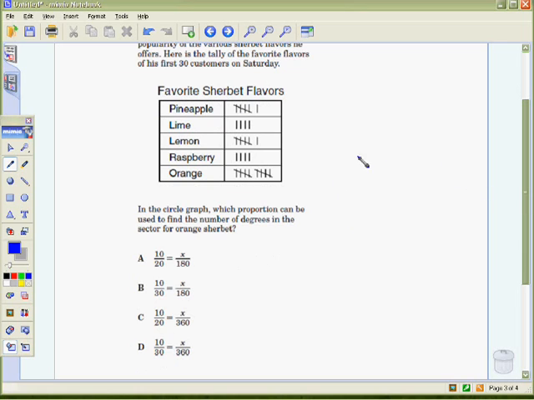What you have to know here is when we're talking about a circle, because we're wanting to do a circle graph, in a circle there are 360 degrees of revolution. So if I'm looking for which proportion can be used to find the number of degrees for orange sherbet, I would have to make a proportion.